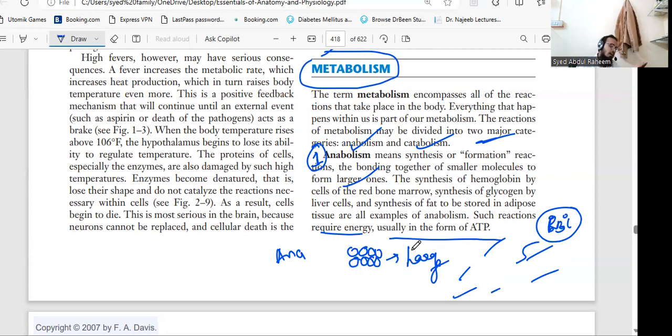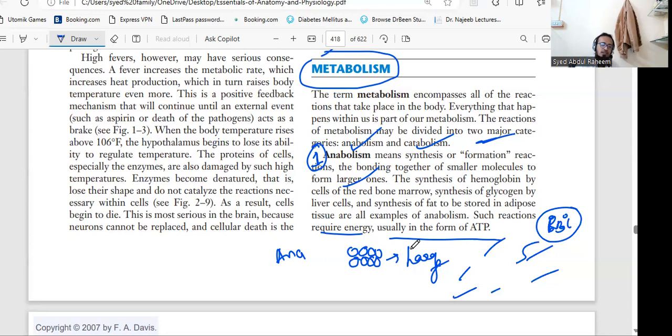Because if the RBC doesn't have hemoglobin, the binding of oxygen will not happen. So we need hemoglobin. After hemoglobin is attaching to the RBC, oxygen molecules are also attaching. So it becomes a large, big molecule. So this is part of metabolism. So the formation of large molecules from small molecules is defined as anabolism.